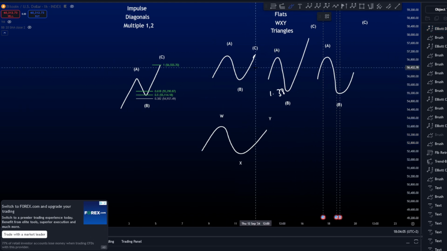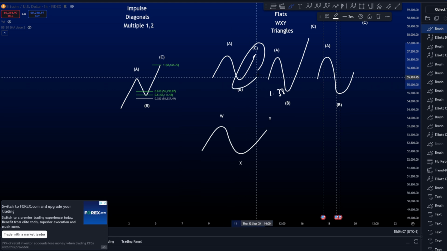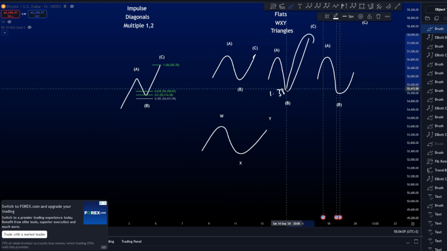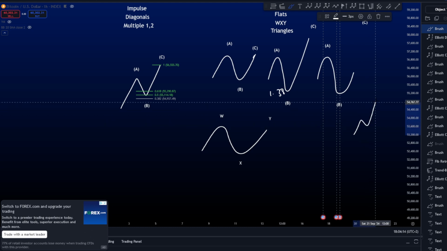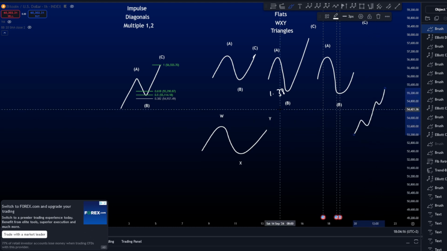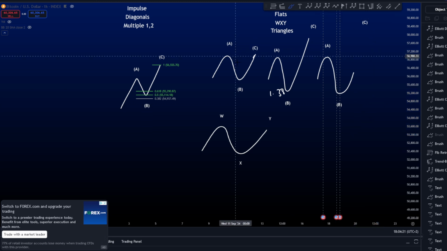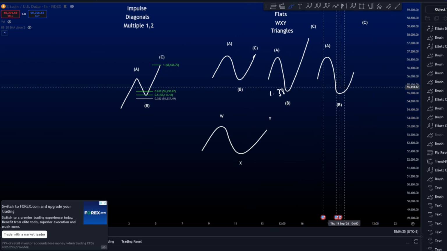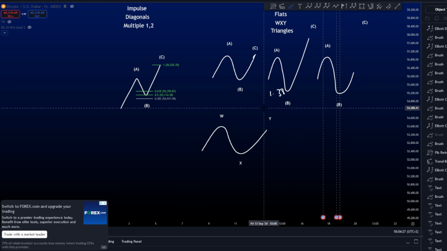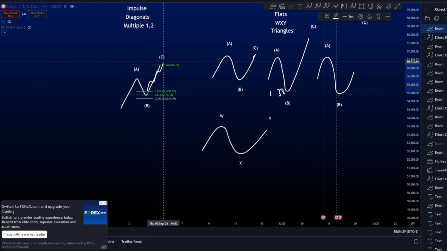Because in the flats, you always want to see a finished flat with a wave C. That means always a finished wave with impulse or diagonal, 5 waves, right? Always, we want to see a finished 5 waves here, as well as here, right? As well for the zigzag, of course.